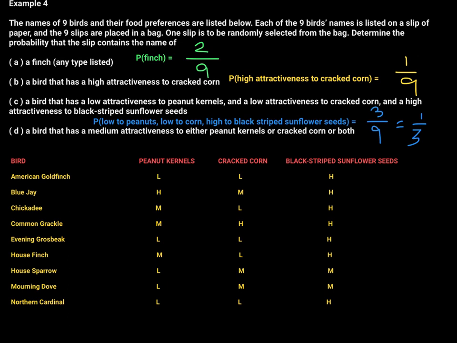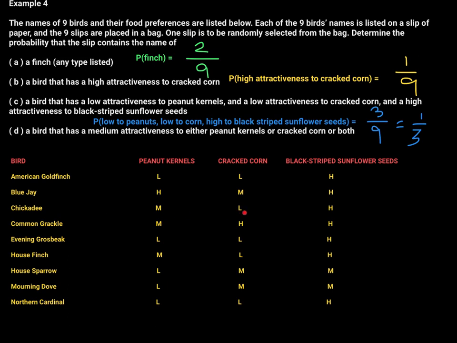We want to find all the birds that have a medium attractiveness to either peanut kernels or cracked corn or both. All right, so let's look at the blue jay. The blue jay has a medium attractiveness to cracked corn. Okay, so that's one. Look at the chickadee.